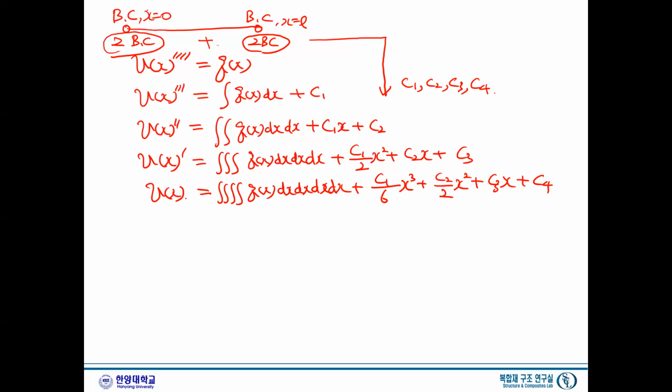I would like to emphasize that we start with a given q(x), and two boundary conditions and another two boundary conditions should be given, and we just integrate. Finally, we will get the C1, 2, 3, 4 using those four boundary conditions.